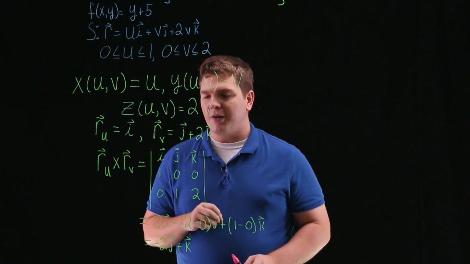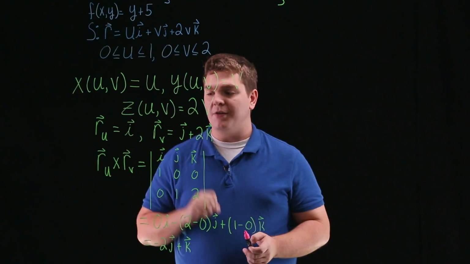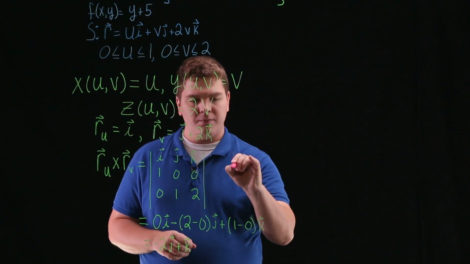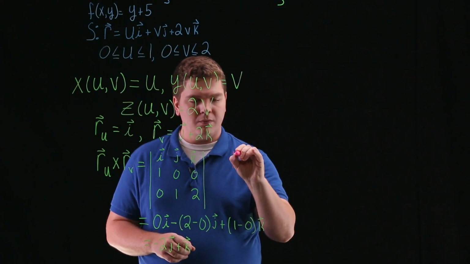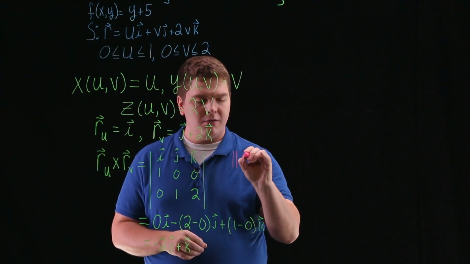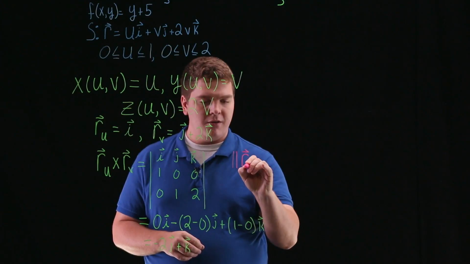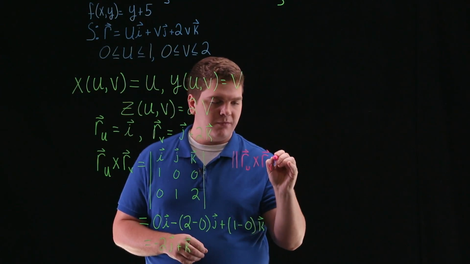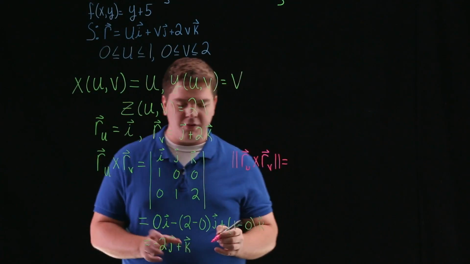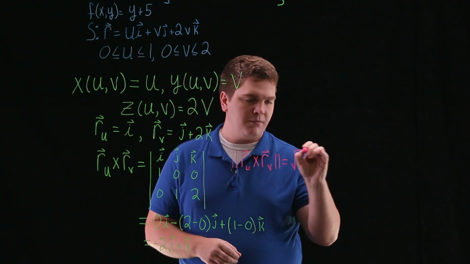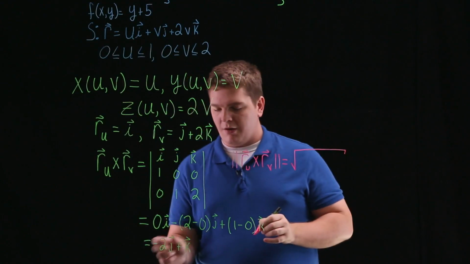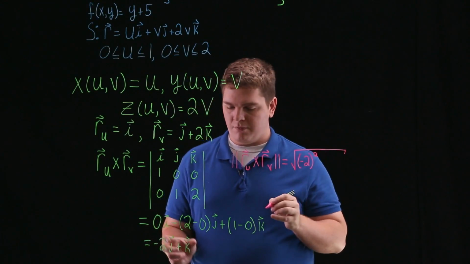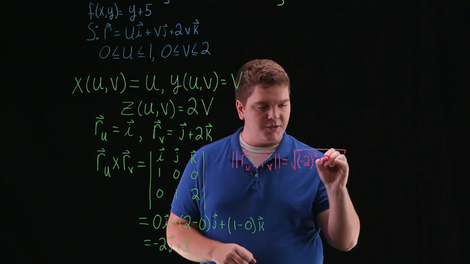Now that we have our cross product, we can write down its magnitude. The magnitude of the cross product of r_u with r_v is equal to the square root of negative 2 squared plus 1 squared.